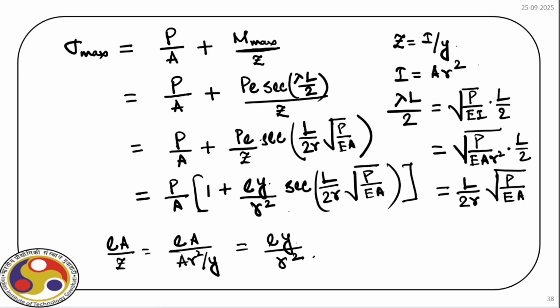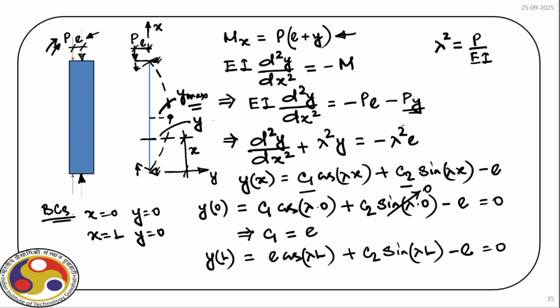Now this y, let me just put a bar here, because this is the distance of the extreme fiber from the neutral axis, and this is certainly not the y here.